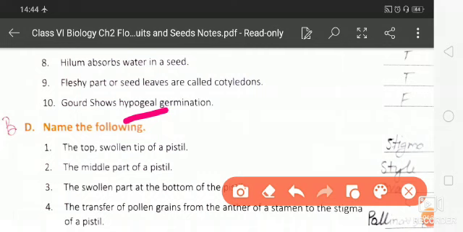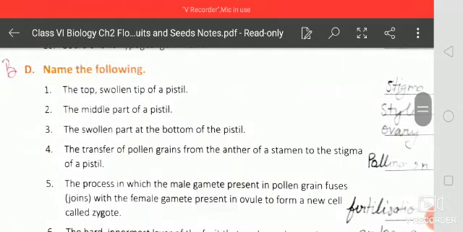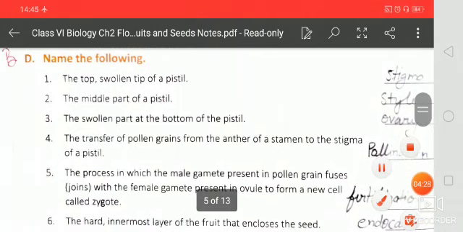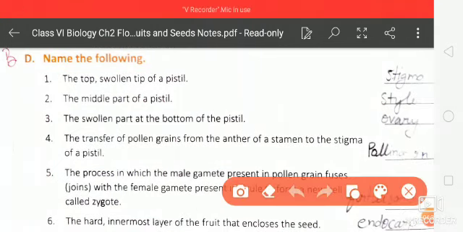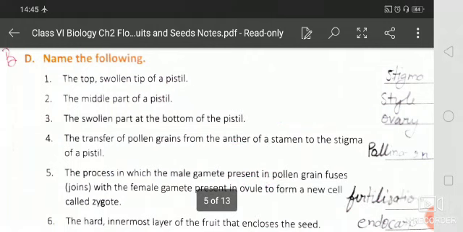Name the following. Here the top swollen tip of a pistil is known as the stigma. The middle part of the pistil is the style, and the swollen part at the bottom of the pistil is the ovary. The transfer of pollen grains from the anther of a stamen to the stigma of a pistil is known as pollination.